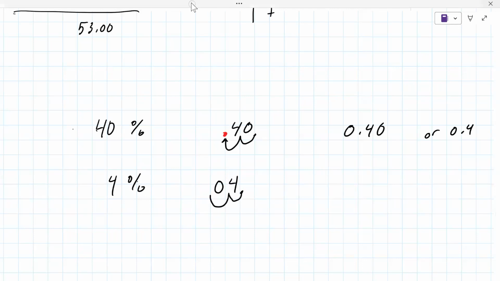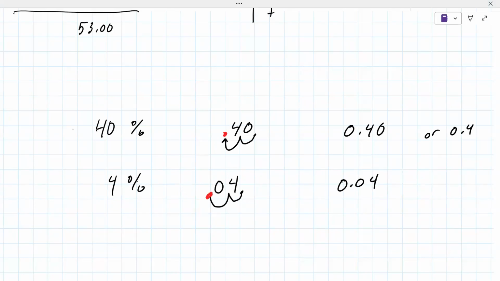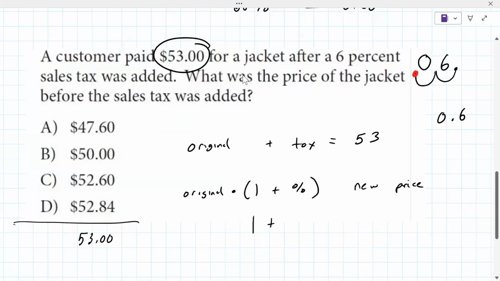You put a zero where there's an empty space, and it becomes 0.04. Do you see the difference? Yeah. Okay, it's an important one. This is going to come up over and over again in your classes. Maybe not geometry, but other classes. So 1 plus 0.06 is 1.06.